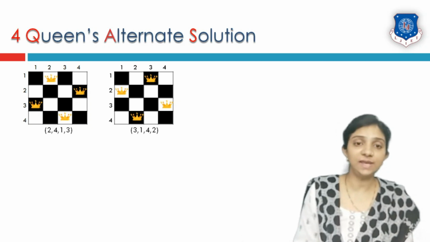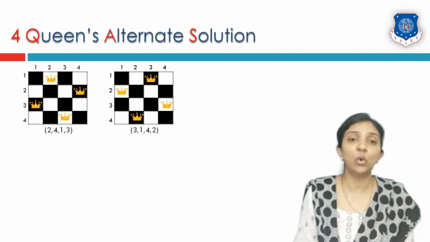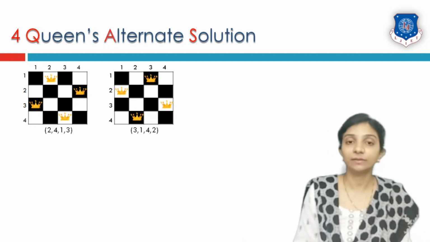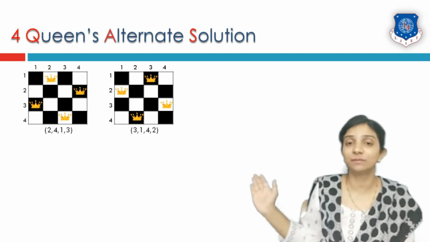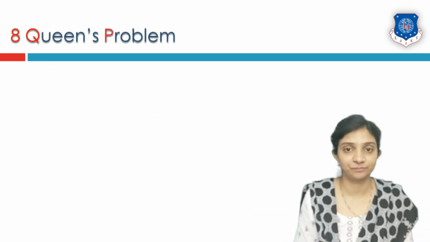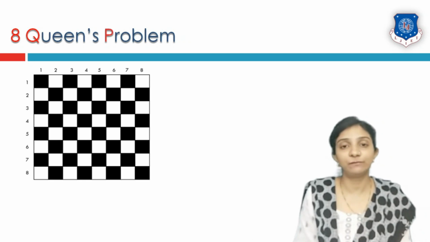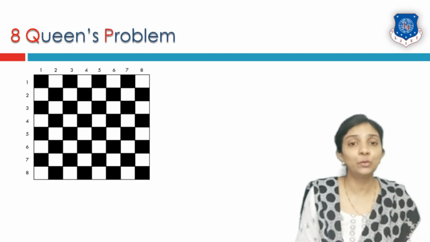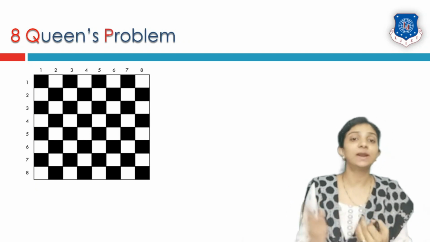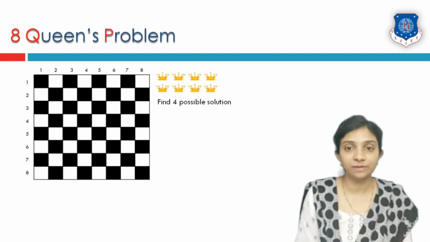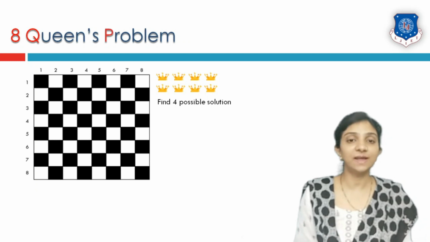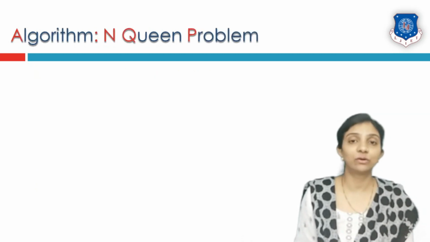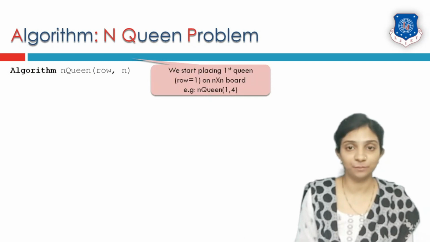So for any n queens problem, there do exist more than one solution. As you can see, for the 4 queens problem, there are 2 solutions. Similarly, you have to find at least one solution using backtracking for each queens problem. This has to be considered as an exercise. Now look at the algorithm for the n queens problem.